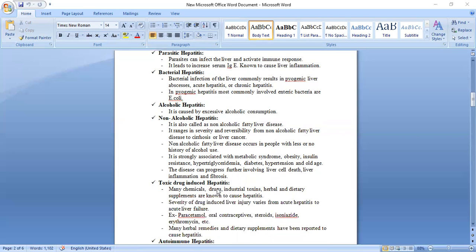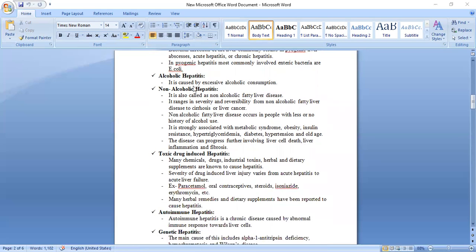Now, toxic drug induced hepatitis. Next one, that is hepatitis due to toxic drug induced. I will tell you one simple medicine. We are using this medicine, an OTC product, over the counter. This is paracetamol.